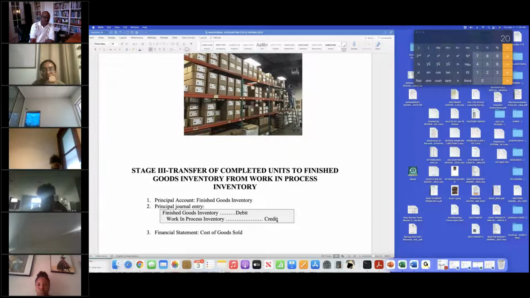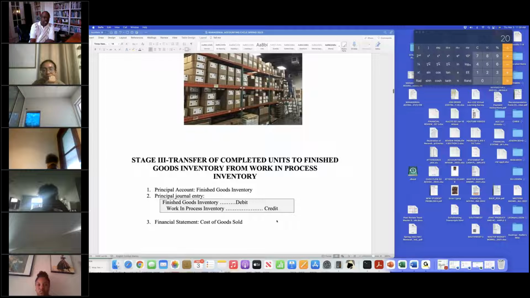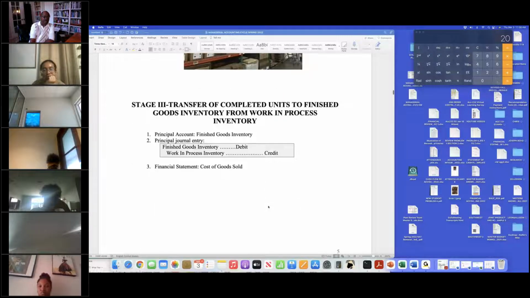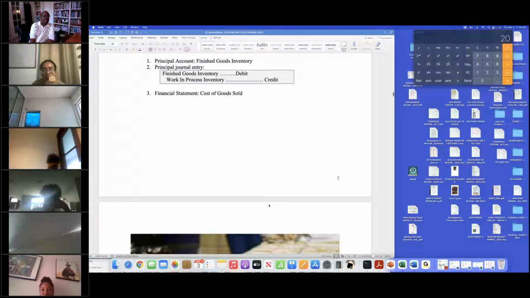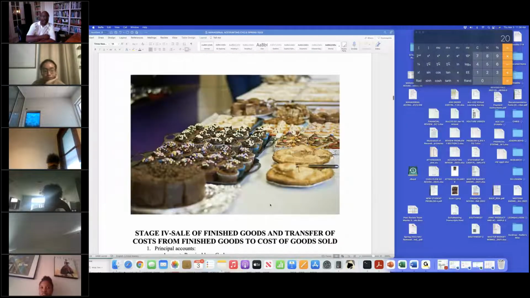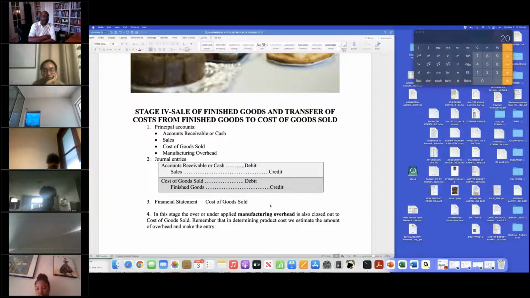So you see these journal entries are coming with each stage. So we're just developing the background for it. In stage 5, we're going to sell the item either for cash, type 2, or on account, type 15. But we're also going to make that companion entry for cost of goods sold.